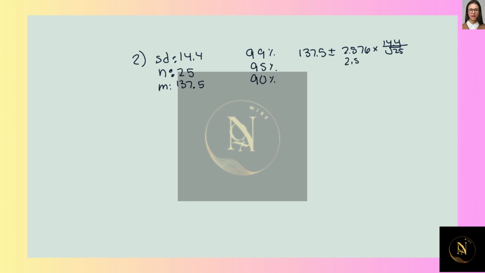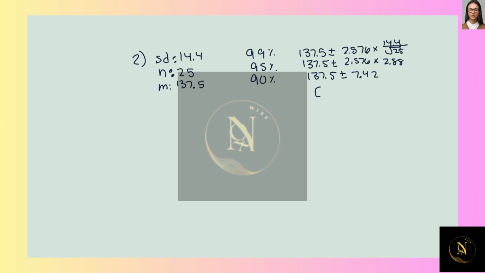So 2.576 times 2.88 gives 137.5 plus or minus 7.4. How many decimal places? 2 decimal places, 7.42.